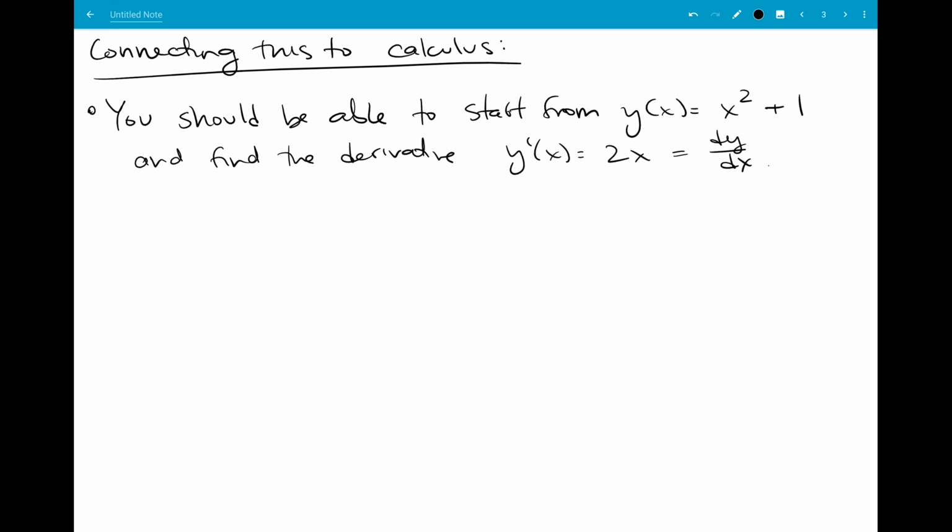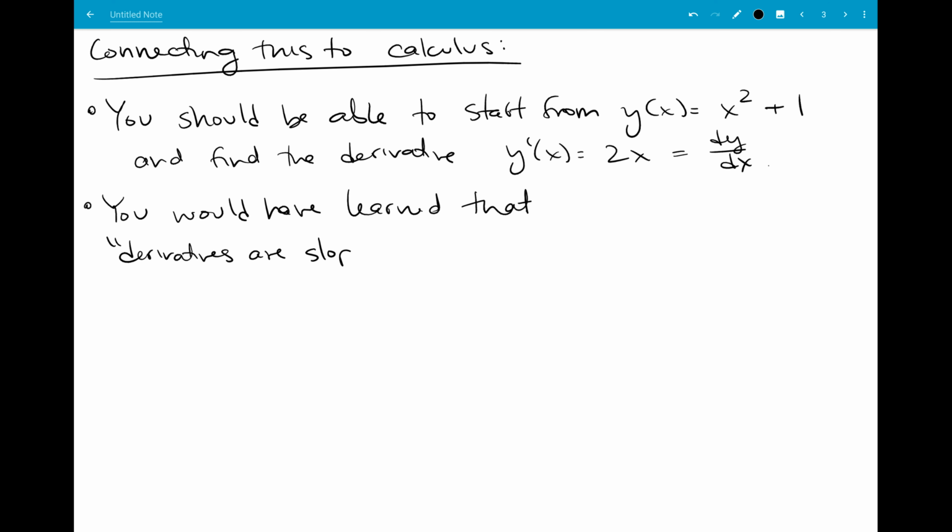And then after you first learned how to just compute derivatives, probably you would have learned about the idea of what a derivative is. So you would have learned that derivatives are the slope of a tangent line.